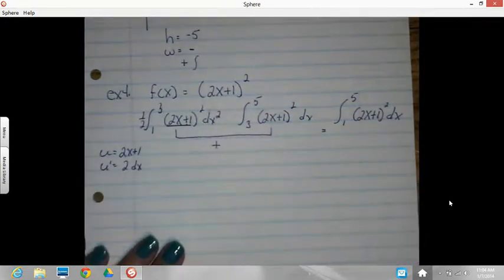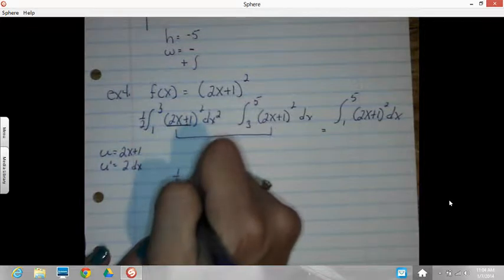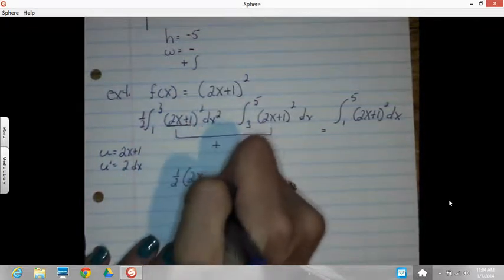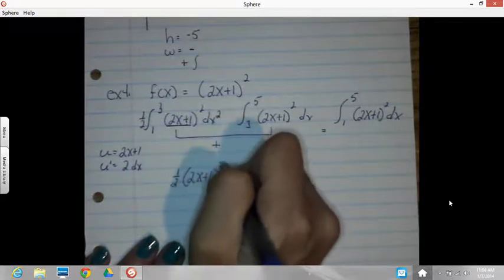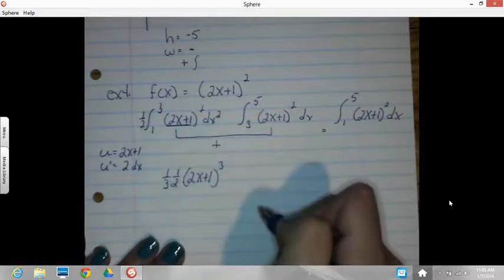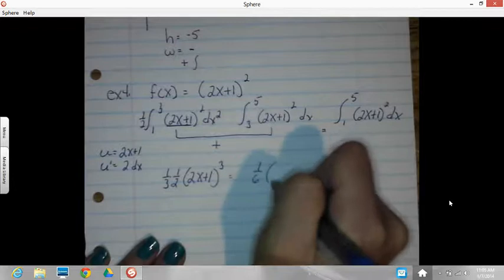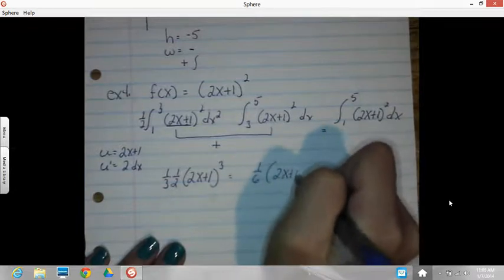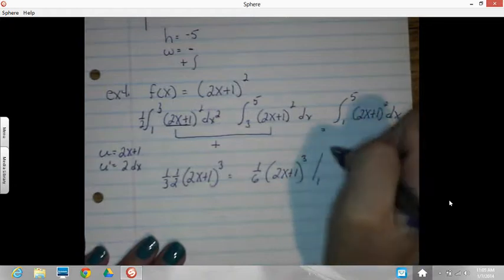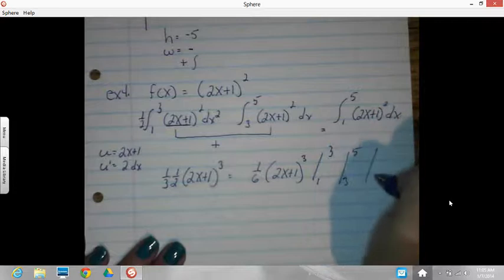So now applying the power rule, got the 1/2 times this to the 1 more power, and then times the reciprocal. So I get 1/6 times this quantity. Okay, we're going to evaluate it from 1 to 3, 3 to 5, and 1 to 5.